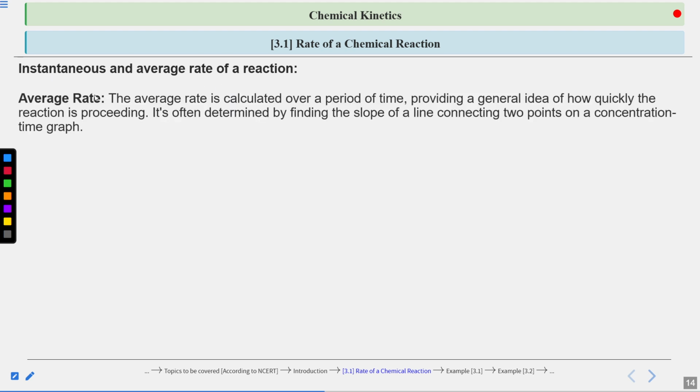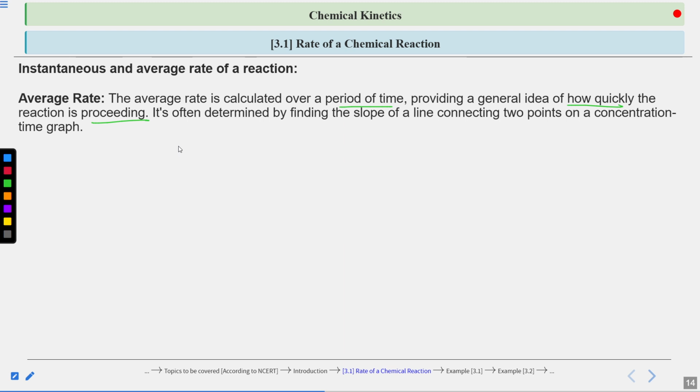First of all, the average rate. Average rate is calculated over a period of time, providing a general idea of how quickly the reaction is proceeding.